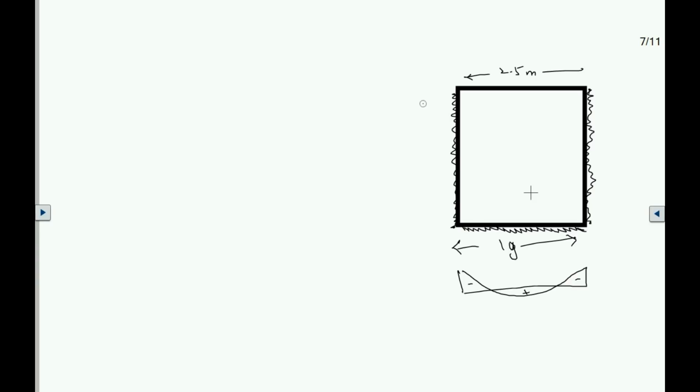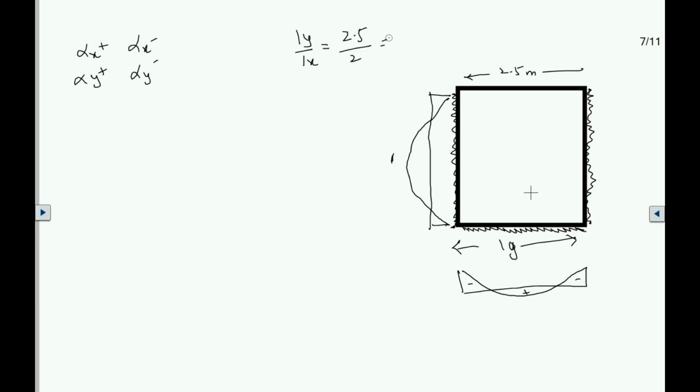And for the Lx direction, it will be negative moment here and positive moment over here. So we need alpha x positive, alpha y positive, alpha x negative and alpha y negative. Then we'll calculate the Ly by Lx ratio always, that is 2.5 divided by 2, and this will be 1.25.